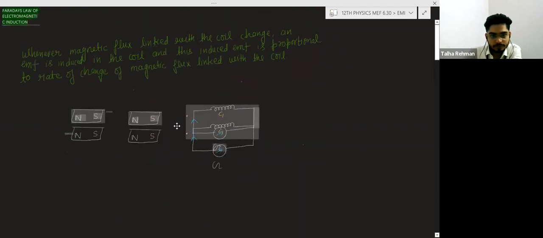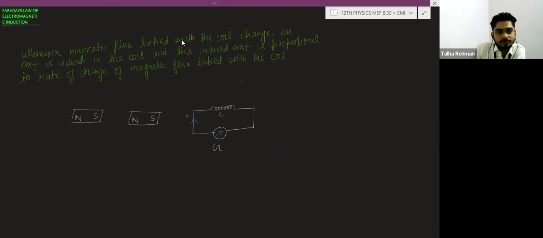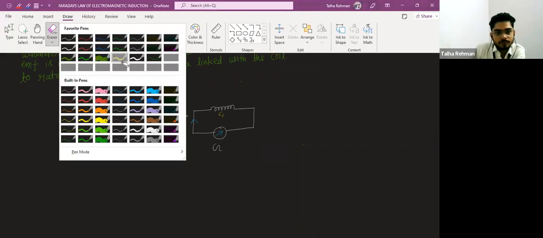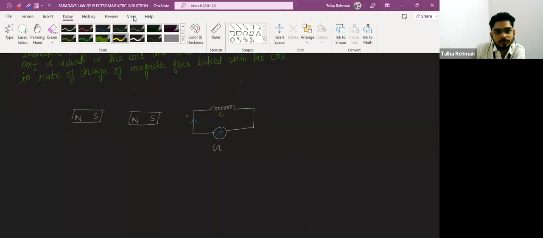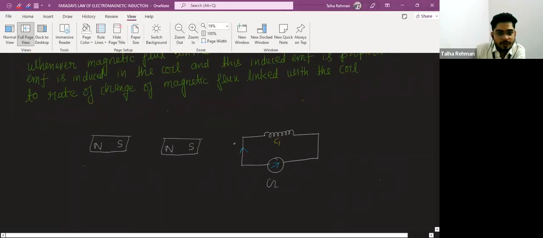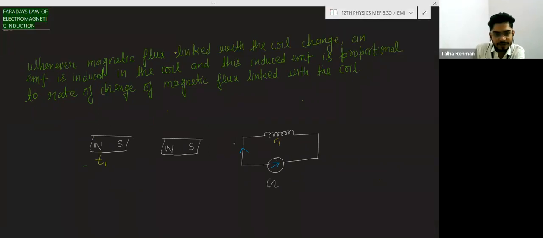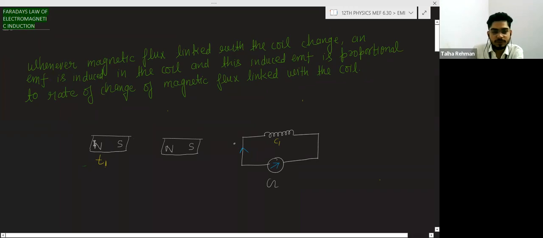Suppose at some time t1, your magnet is here. This is your magnet. At some time t1, your magnet is here, and due to this magnet, there will be magnetic flux linked with coil C1 here also.